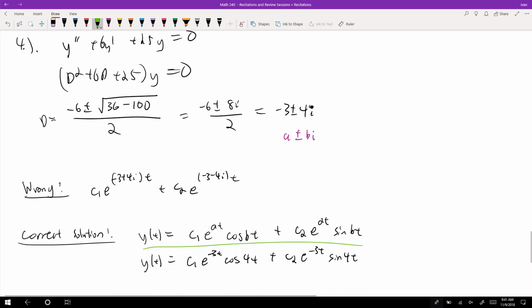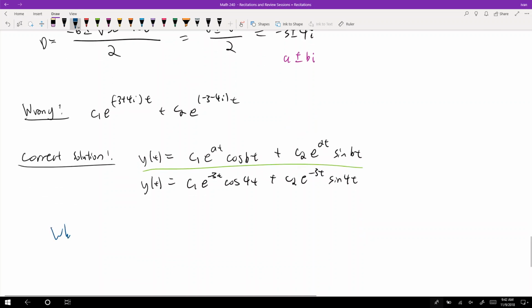But essentially, we'll do a really quick why. Okay, this will be really quick. Let's say you had e to the a plus bi t. We're not even dealing with the constants. By the property of exponentials, this is e to the at times e to the ibt, because when you multiply exponential functions, you add the exponents.